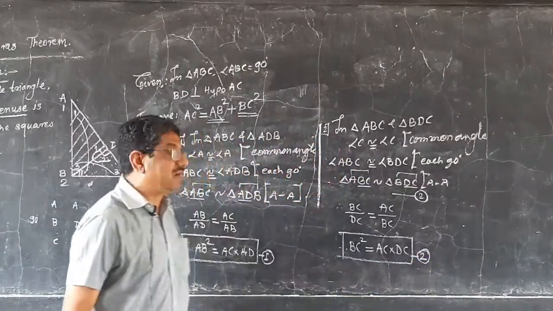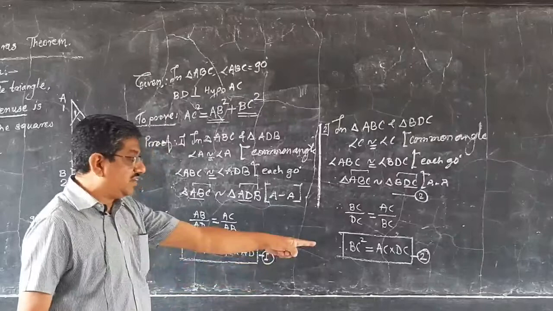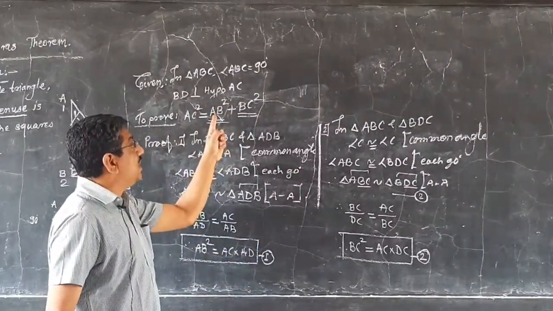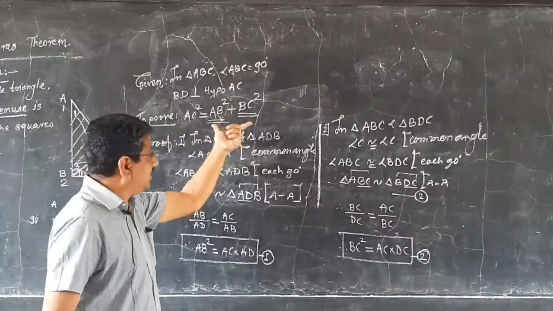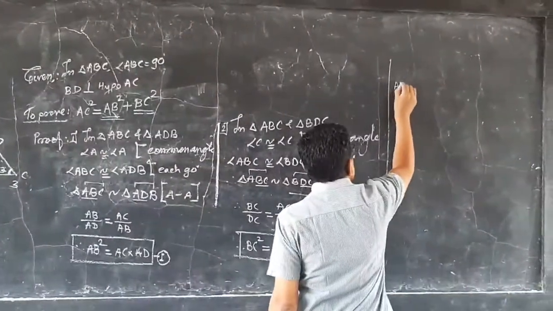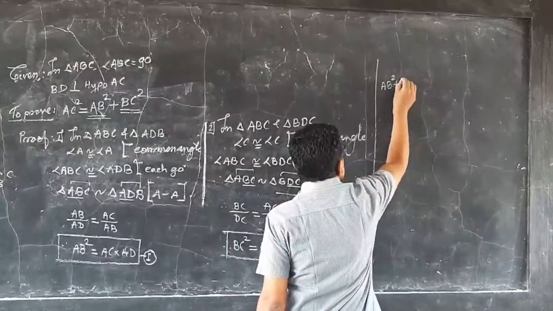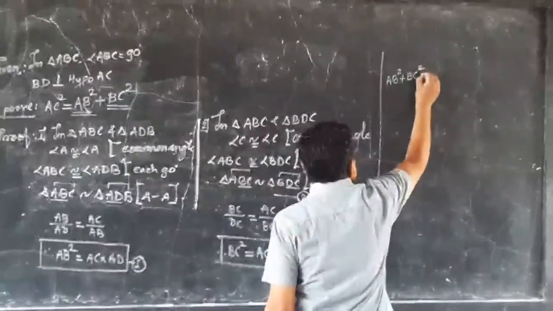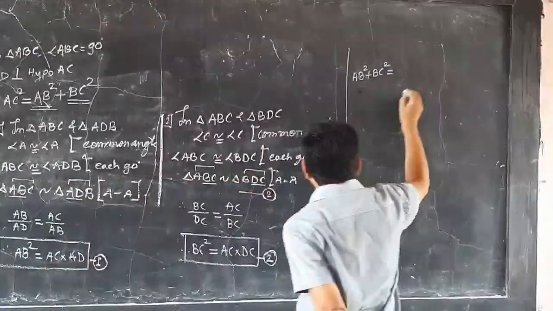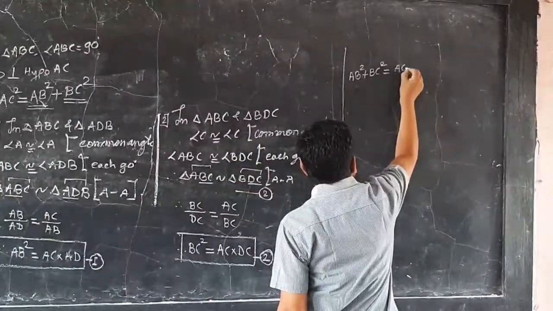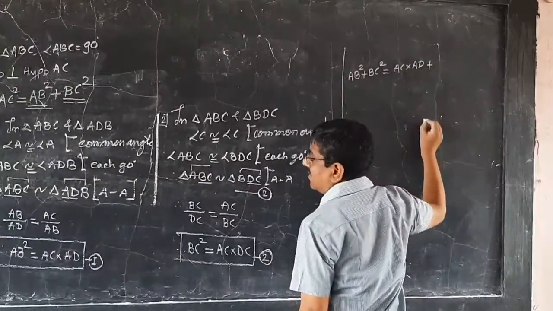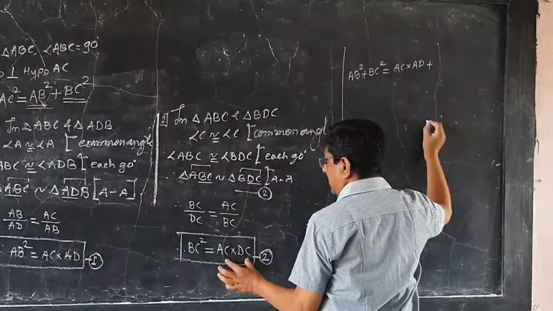Now, in the next part you will use the first statement and the second statement. Here you do the addition of AB square plus BC square. AB square plus BC square is equal to, now I have the value of AB square. What is the value of AB square? AC multiplied by AD, plus, what is the value of BC square?